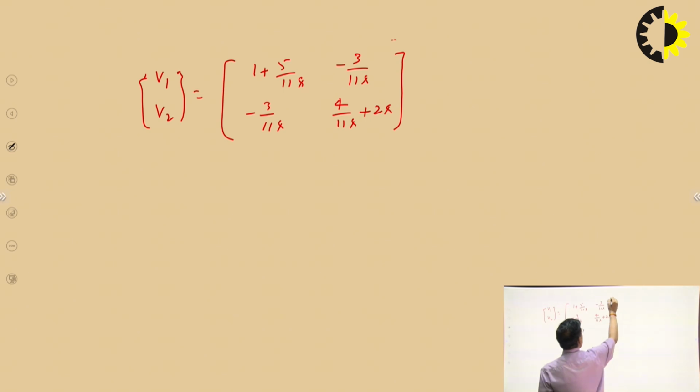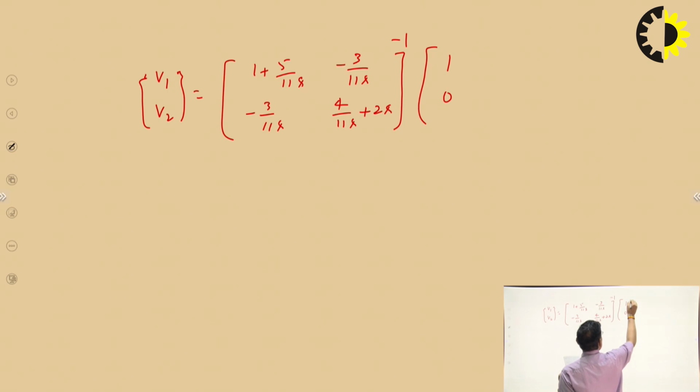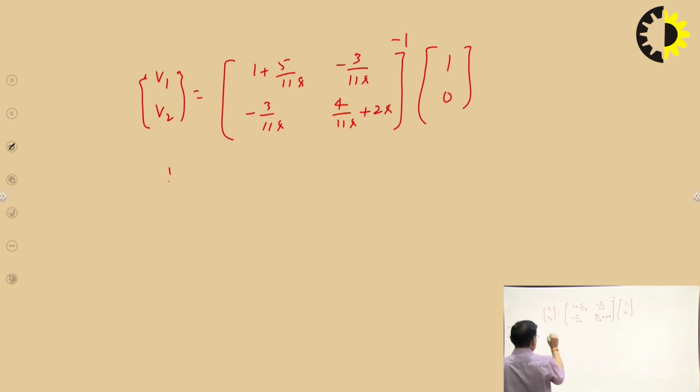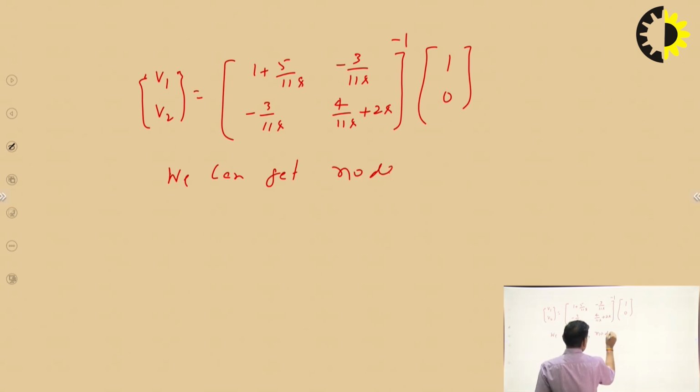Take the inverse of this and multiply with 1 0. So we can get the node voltages.